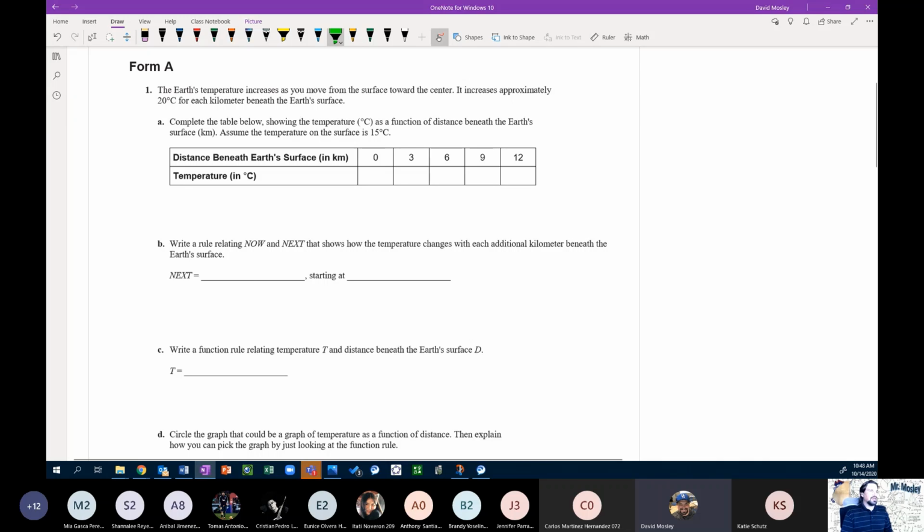Okay, so I'm going to highlight increases. Okay, so what does the word increases mean?